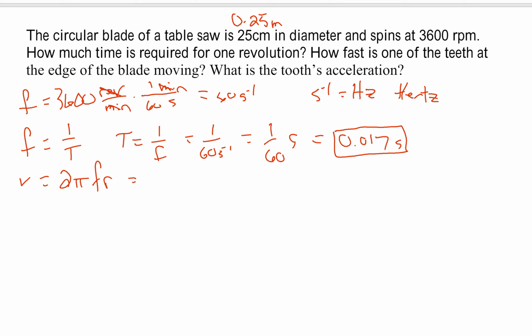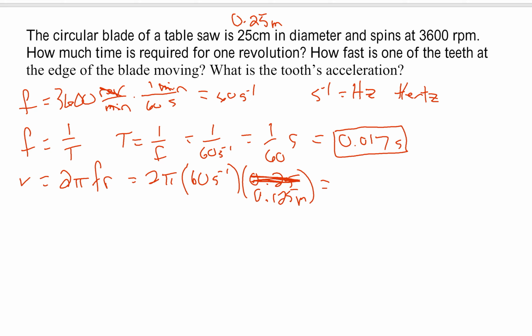So we have 2 pi times the frequency, which we calculated to be 60 inverse seconds times the radius, which they told us was 0.25 meters, right? No, that's actually the diameter. So we got to be careful. They told us the diameter. It's going to be 0.125 meters. 0.125 as a fraction is 1/8.